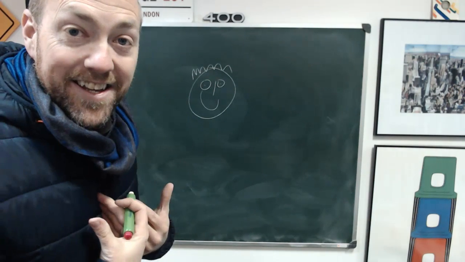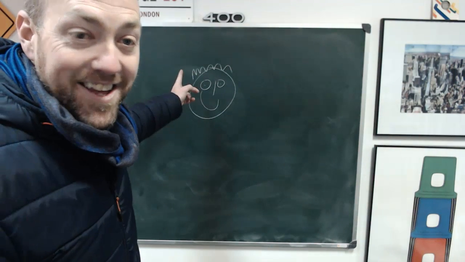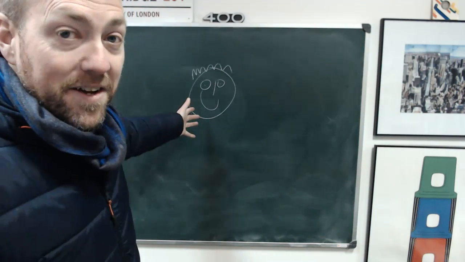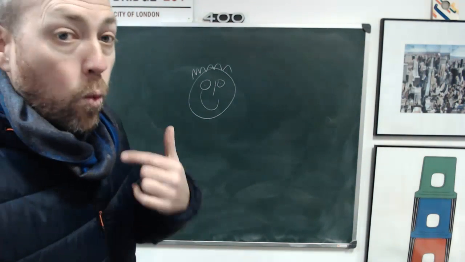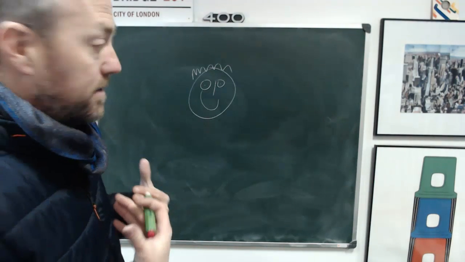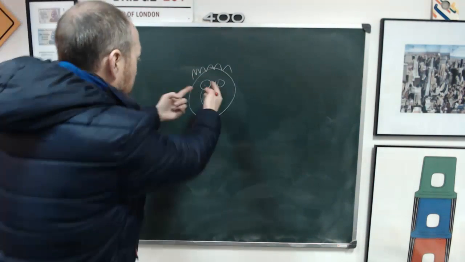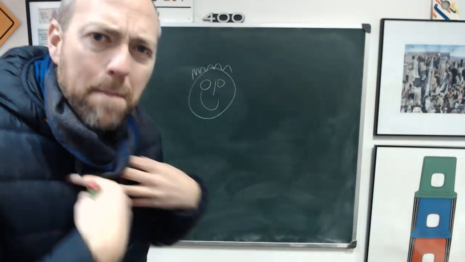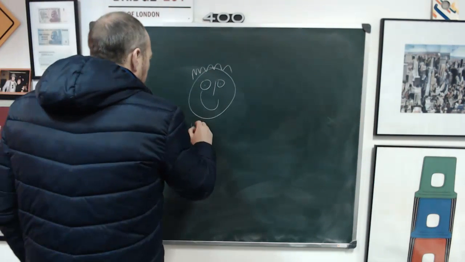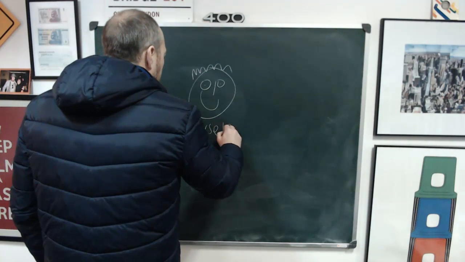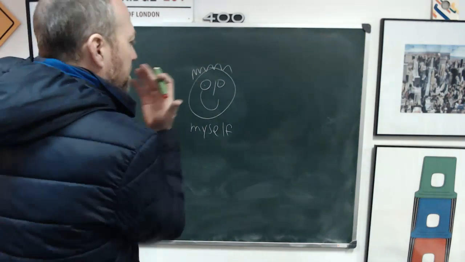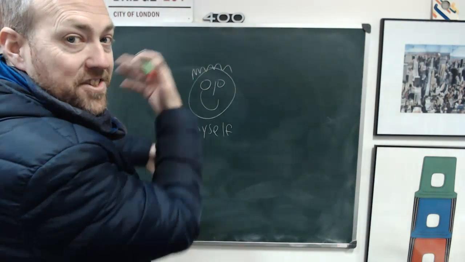So, this is me. I have more hair, but this is me. So, when I look here, when I look here, I look at myself. I look at myself. Because, you see, I'm reflecting.